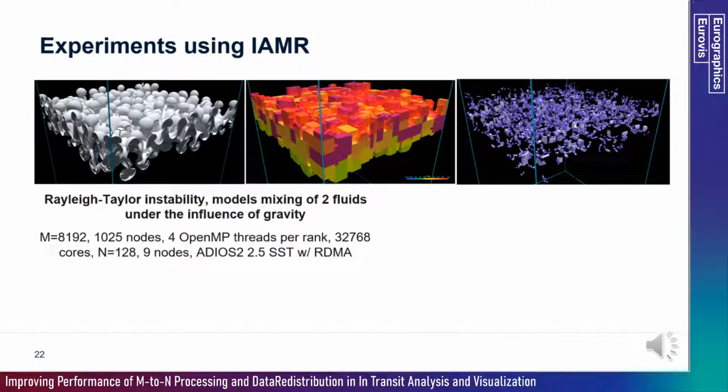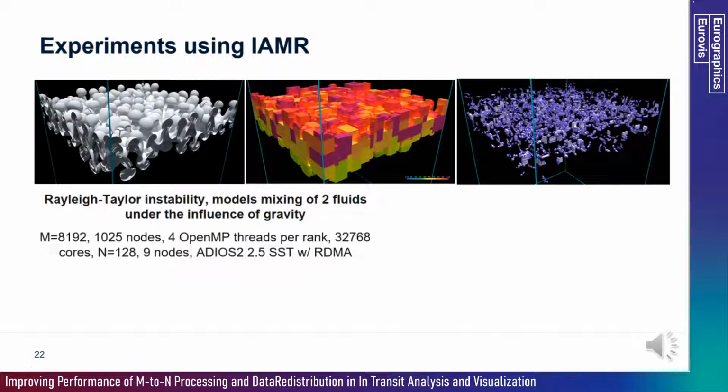We set the simulation concurrency at m equals 8192 MPI ranks. We used 1025 KNL nodes on NERSC Cori, and we configured IAMR to use 4 OpenMP threads per rank. The total concurrency was 32,768 cores.